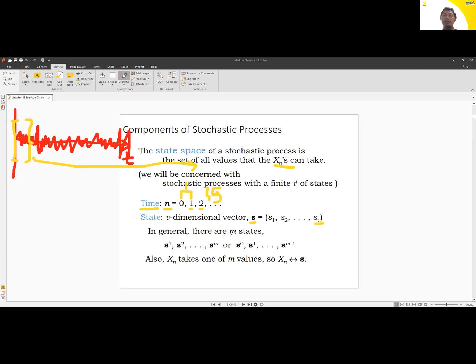And there are m states, so we can write it like this.